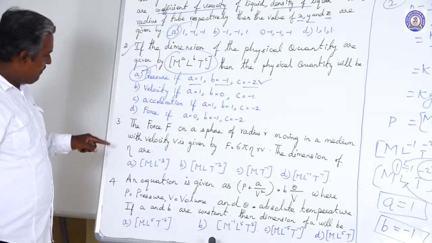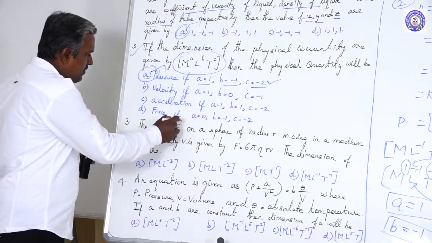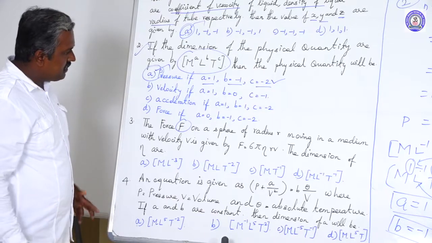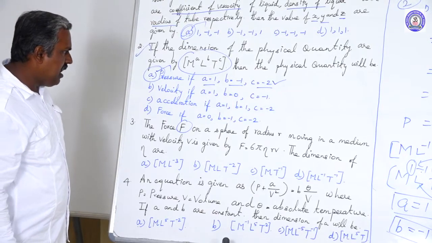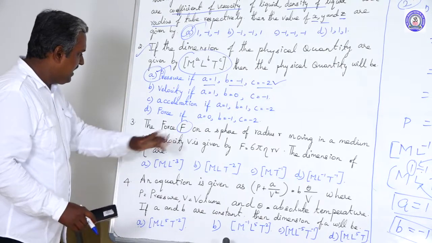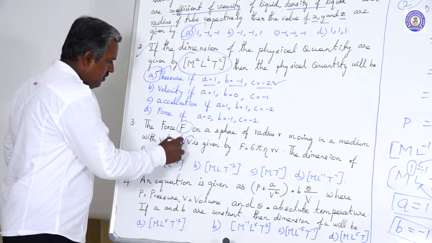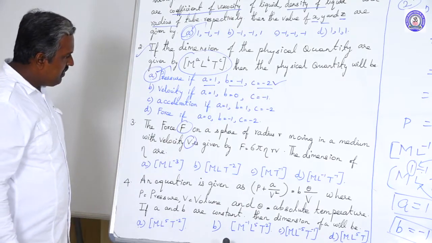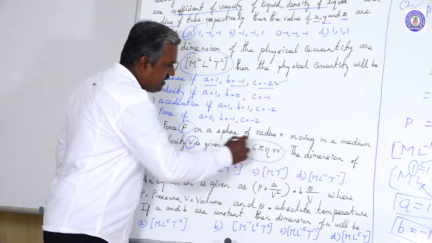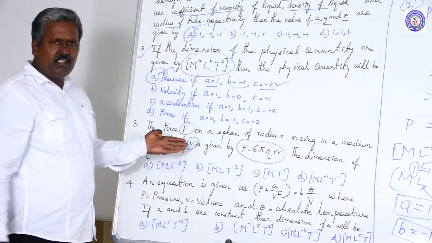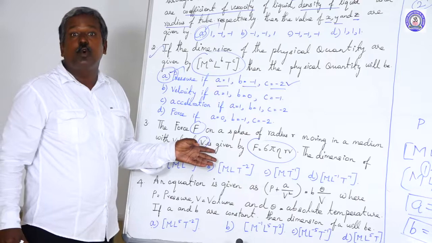Third, the force F on a sphere of radius R moving in a medium with velocity V is given by F is equal to 6 pi eta RV. What is this? Remember about this? Stokes theorem.